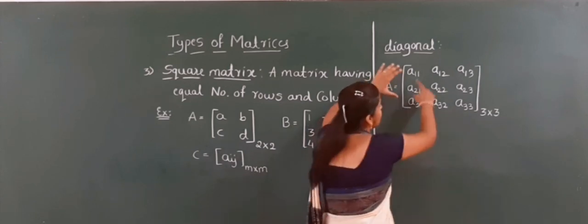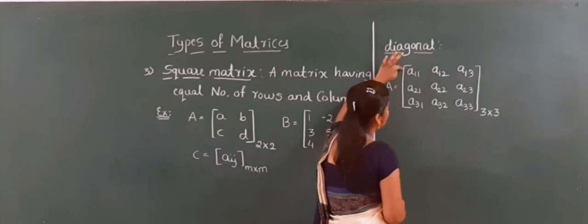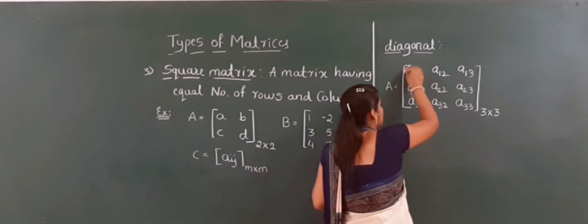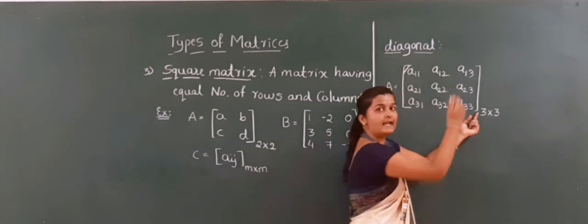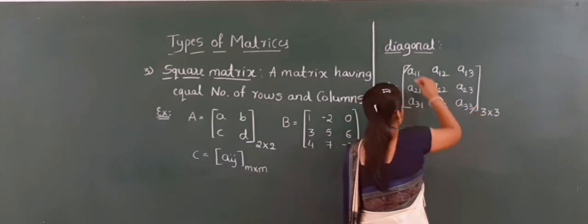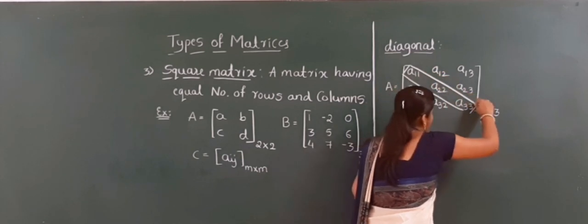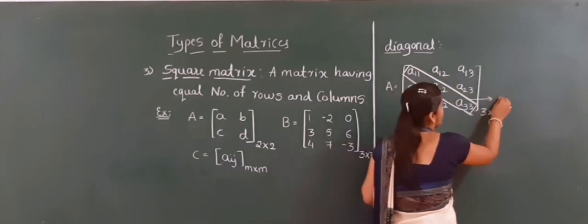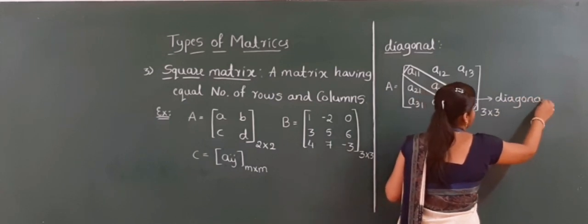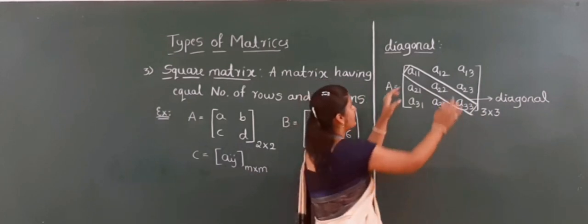So see here, in this matrix, at the left side take the top corner, and at the right side take the bottom corner, the last corner, and draw a line. This line is known as the diagonal. To understand diagonal, we can take this square shape.